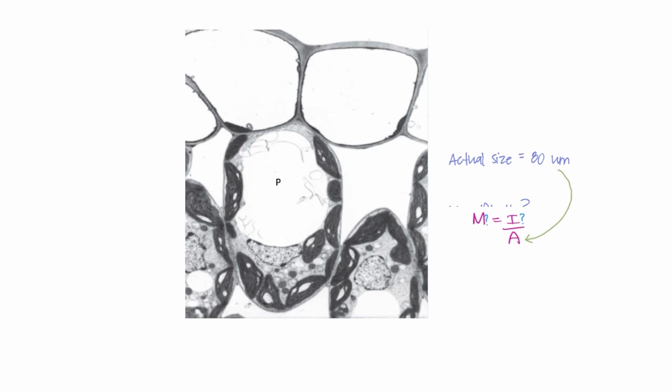To do that, you simply need to place your ruler on the image that is provided. So you literally take your ruler and place it on the cell, for example, the cell marked as P. You place your ruler there and then you measure the diameter of that cell. In this case, it's coming out to be 6 centimeters.